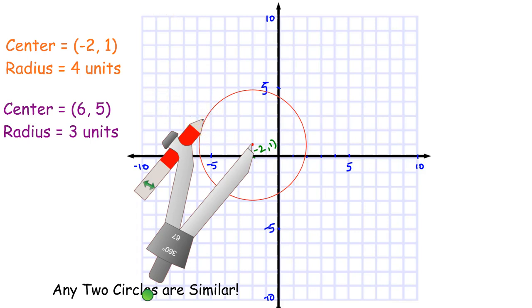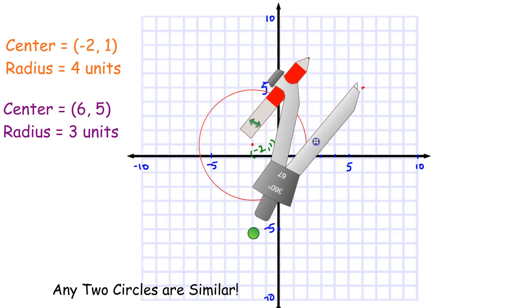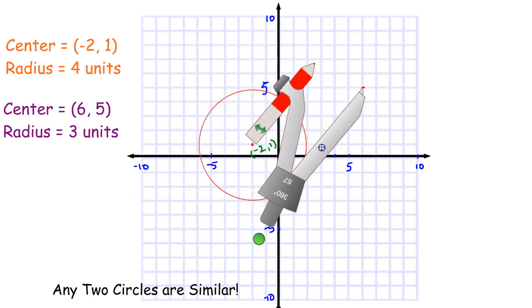You got it. Now let us go to the center 6, 5. The x value is 6, and 5 is the y coordinate: 1, 2, 3, 4, 5. So we are here, this is the center. This is the center 6, 5, and the radius is 3 units. So let me make it smaller.